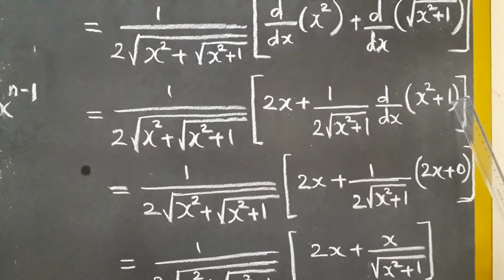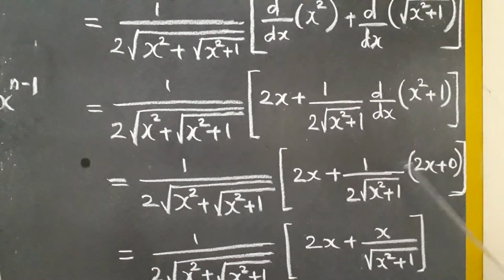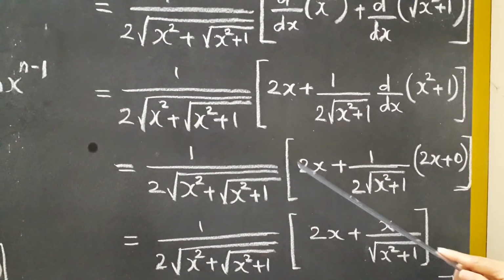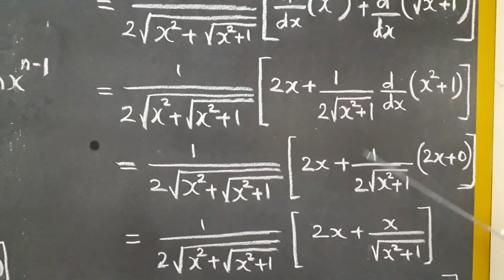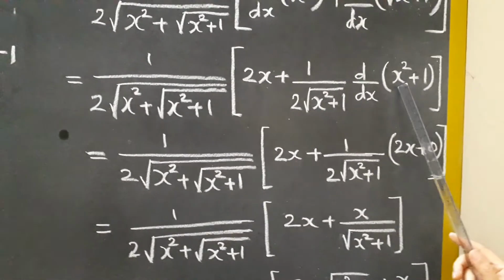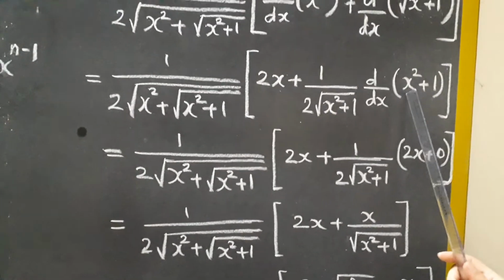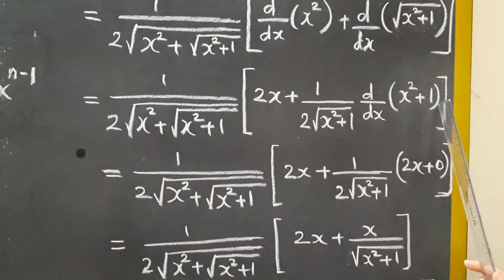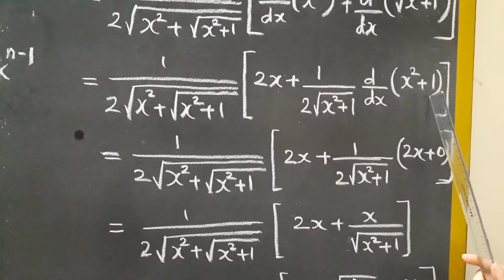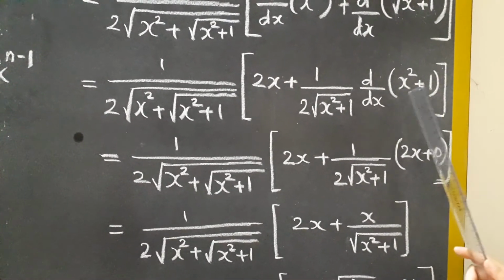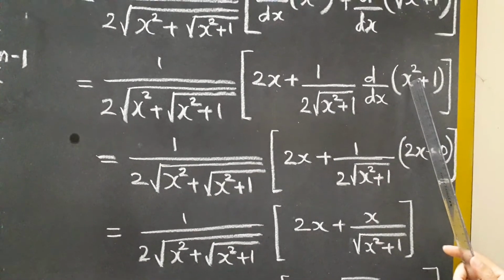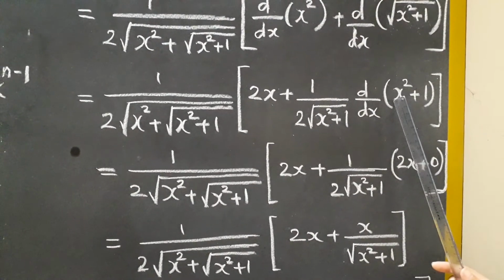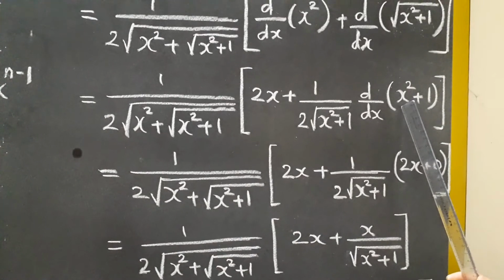So we are writing that multiplied by the derivative of the one which is inside the root sign, x square plus 1. Now in the next step we write as it is whatever is there, and we will find out once again the derivative of this expression. How many terms are there? There are two terms, so we find out the derivative of the first term. What type of function?